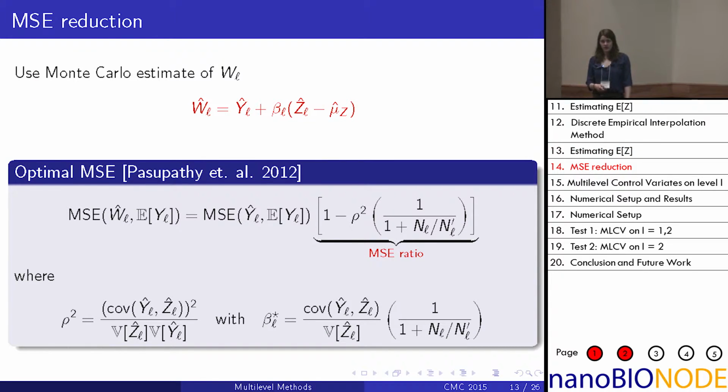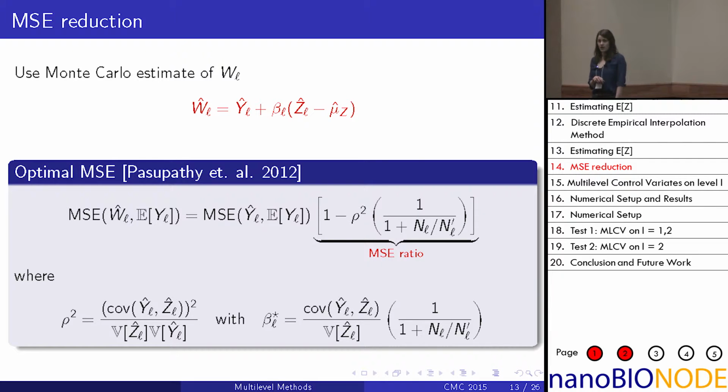Back to the mean square error reduction: since we are using Monte Carlo samples, I should back up and redefine. We can define our W now as a Monte Carlo sample of the Y's plus Monte Carlo samples of these terms. And we can find the optimal mean square error when we're doing the Monte Carlo process. That's going to be similar to what we had before, except we're going to have this extra fraction term.